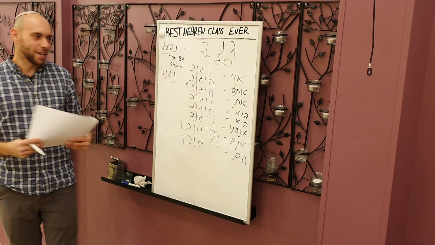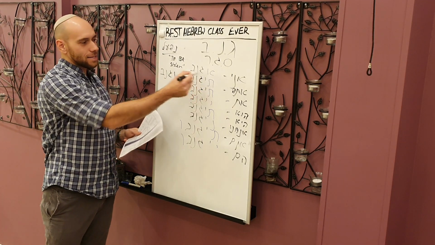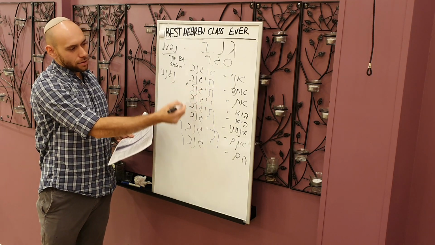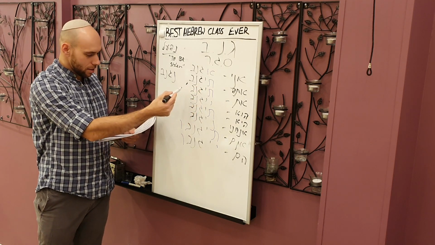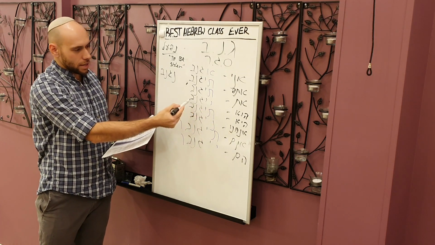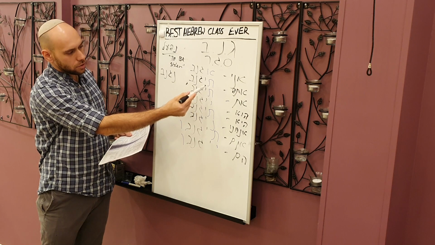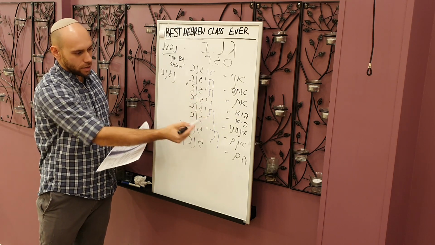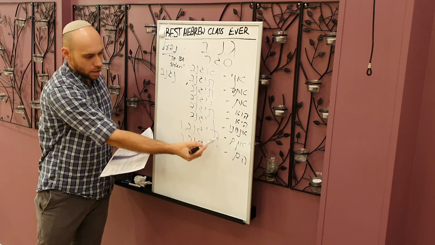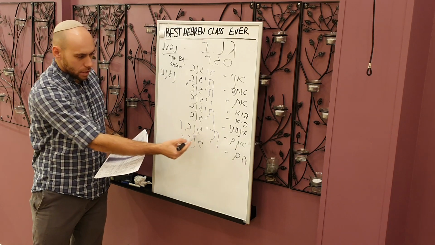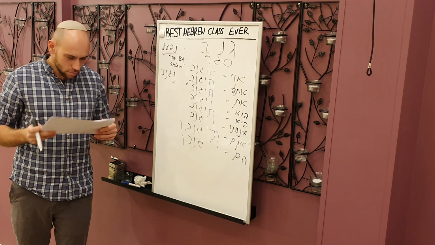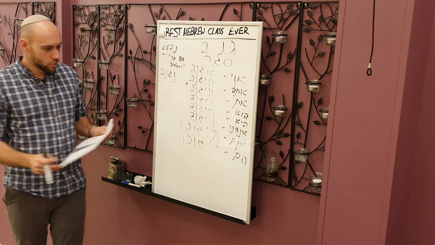So ani esager, ata tisager, at tisagri, hu yisager, hi tisager, anachnu nisager, atem tisagru, hem yisagru, and hen yisagru.